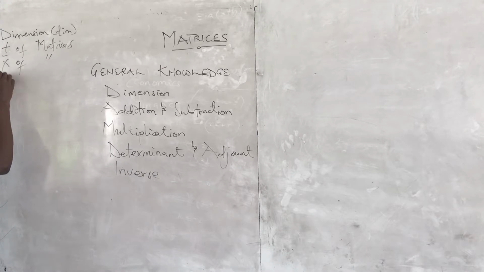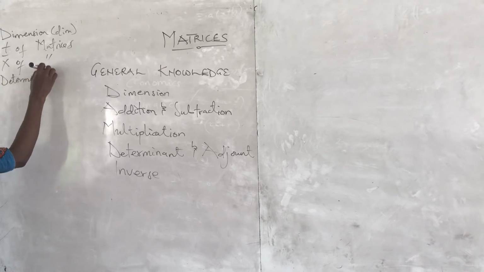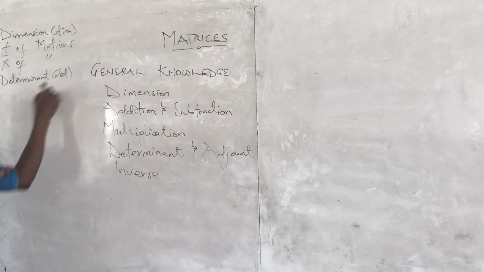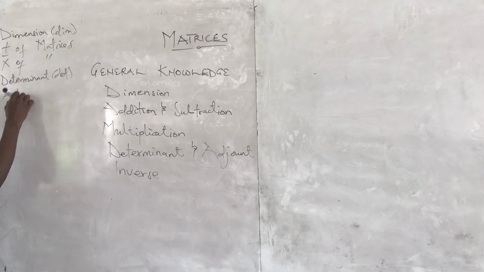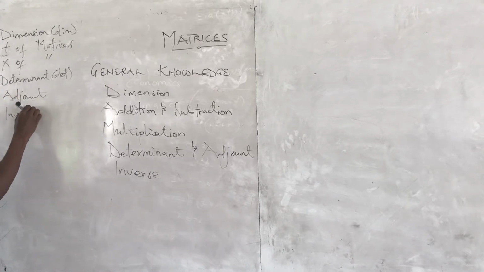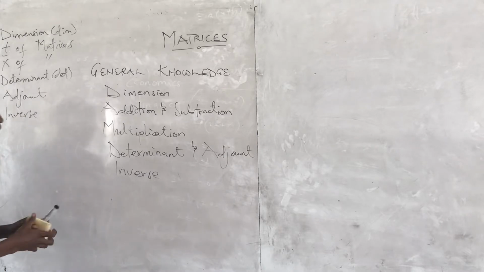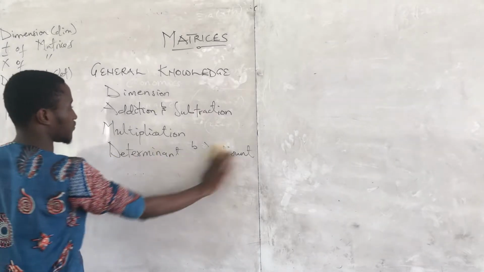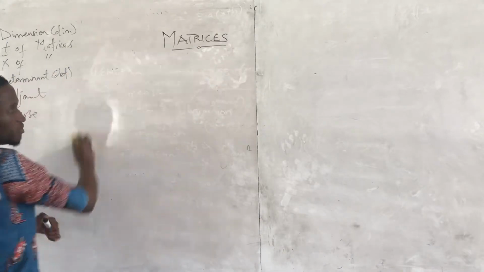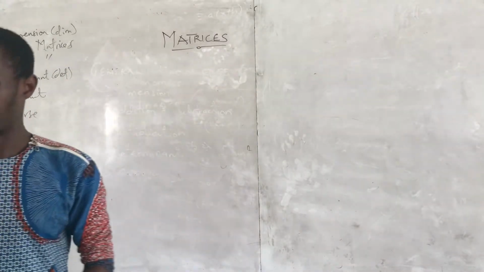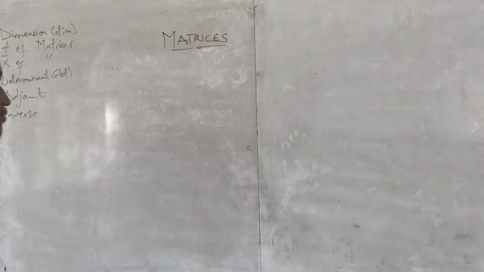We look at determinants, and we look at adjoints. We look at inverse of a matrix. All these are applied in economics, finance, and other courses, maybe in physics and other courses that you have.